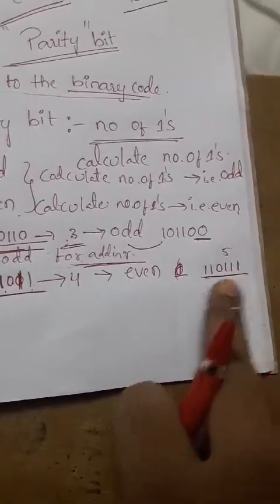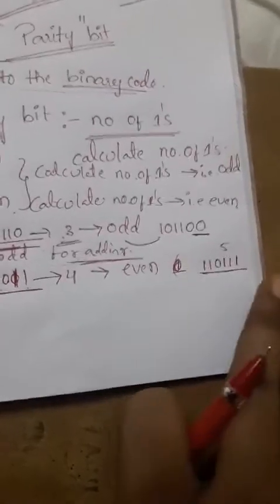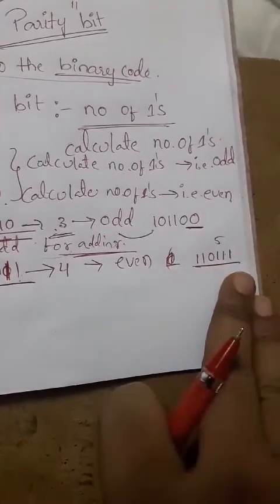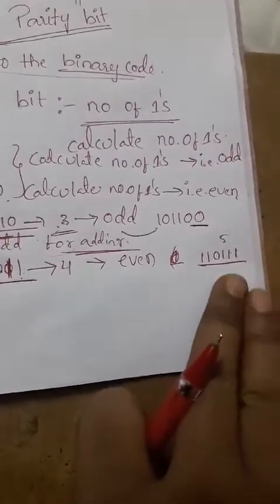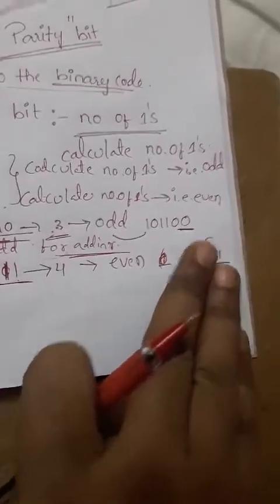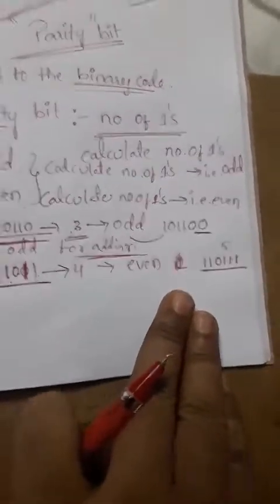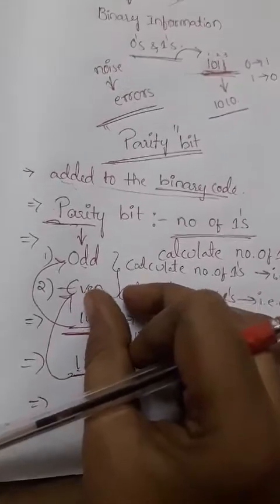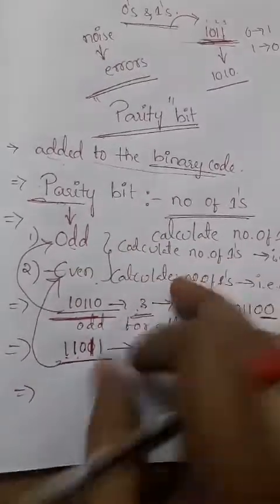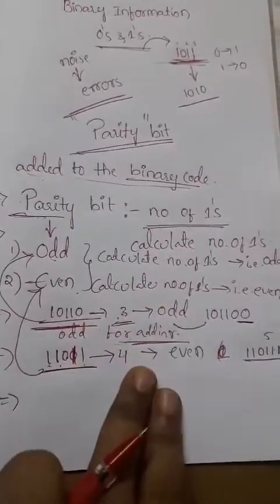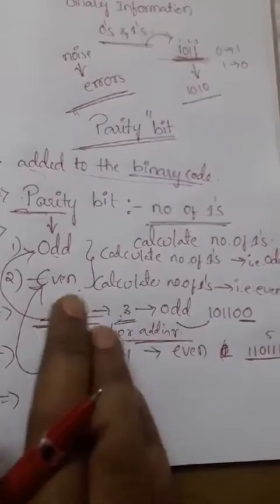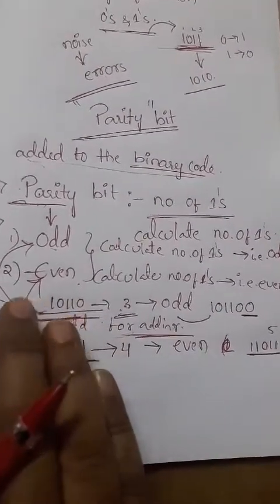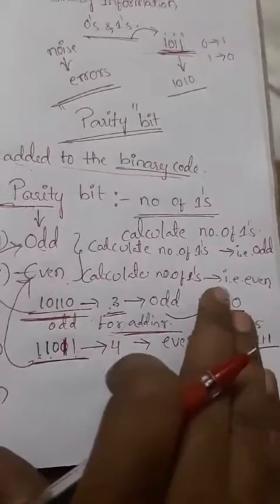So automatically the number of ones becomes 5, which is an odd parity number. In the same way, even parity is nothing but counting an even number of ones. That means if any binary code directly has an odd number of ones, it is odd parity.